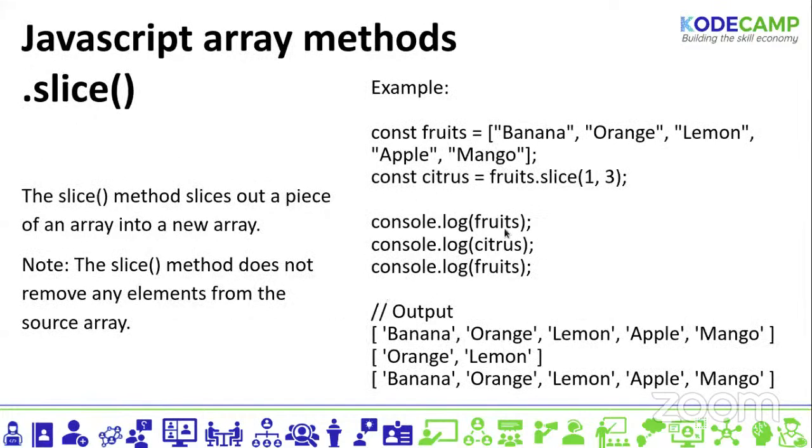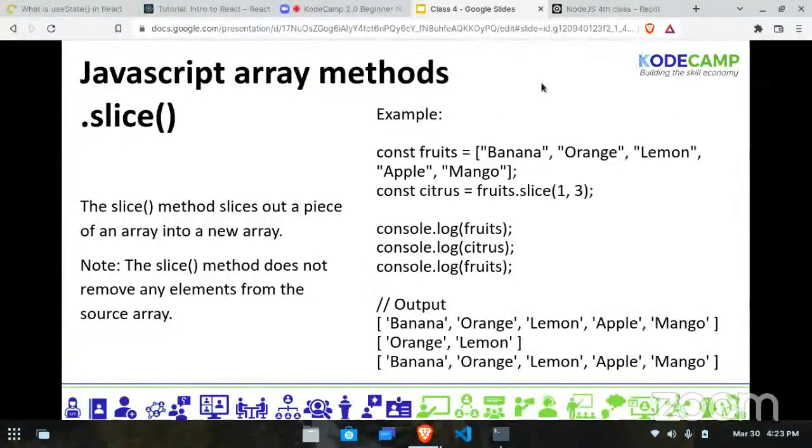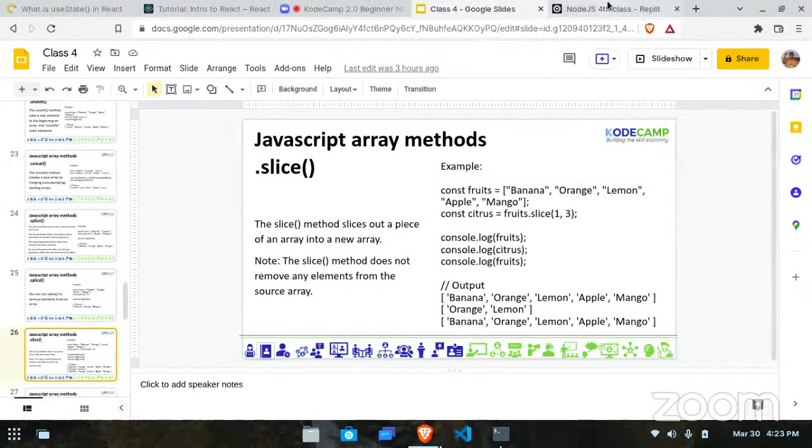So sorry about that. Slice. Let me explain how that works. First, I print out fruits. After printing out fruits, I slice it. I guess I would have to do this using a REPL.